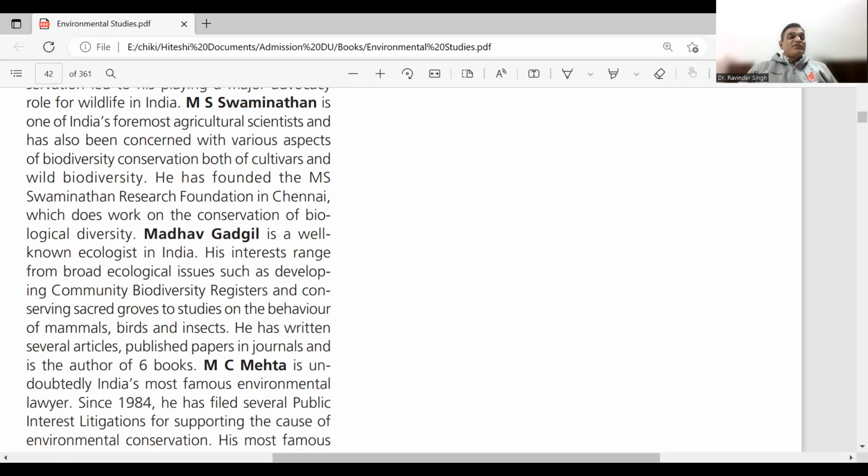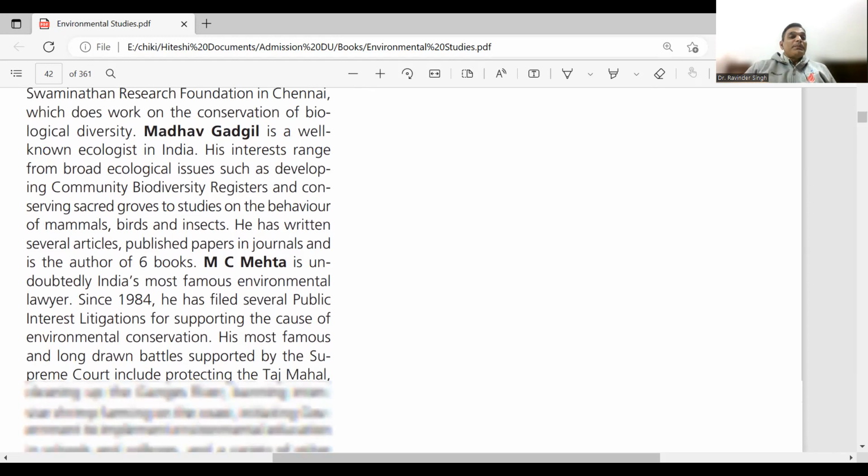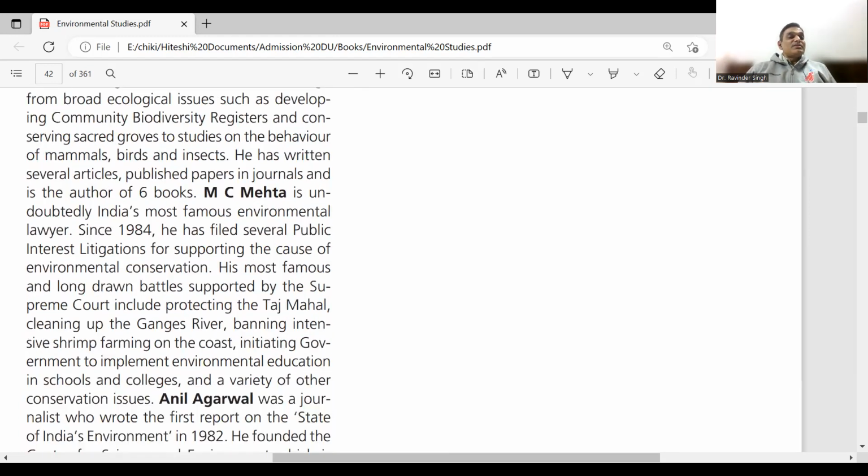Madhav Gadgil is a well-known ecologist in India. His interests range from broad ecological issues such as developing community biodiversity registers and conserving sacred groves to studies on the behavior of mammals, birds, and insects. He has written several articles published in journals and is the author of 6 books.